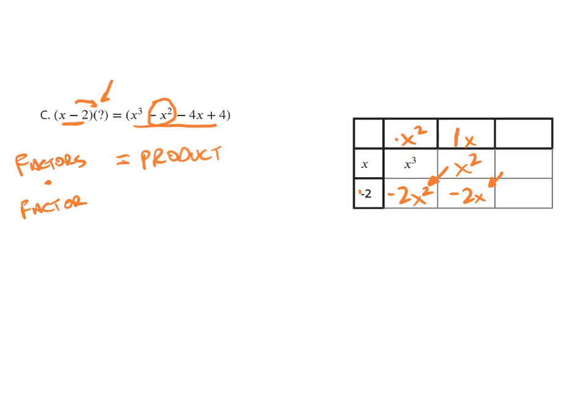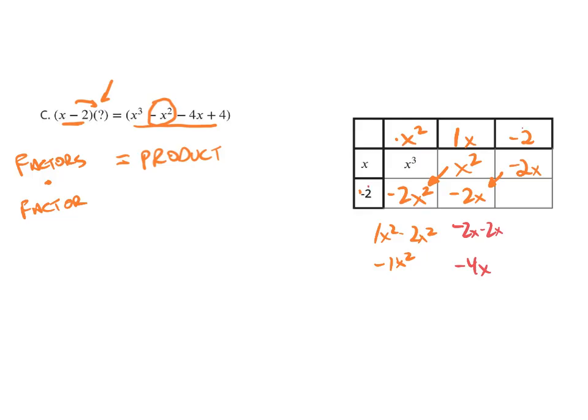Or I'm sorry, not plus, what times? So if I put a negative 2 here, negative 2 times x is negative 2x. So 1x squared minus 2x squared is negative 1x squared. Negative 2x minus 2x is negative 4x. Same signs add and different signs subtract.